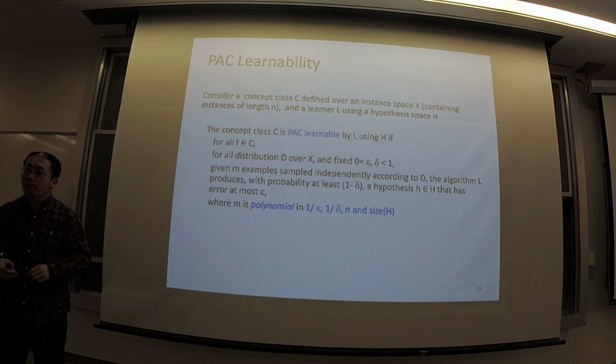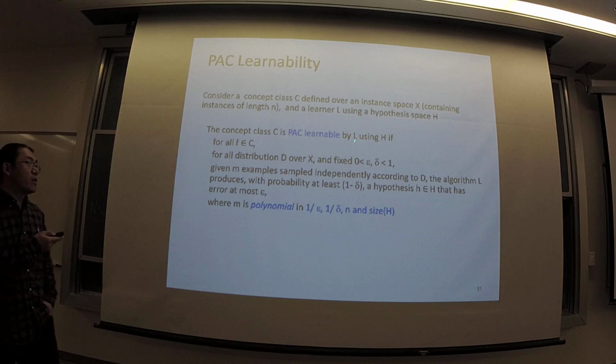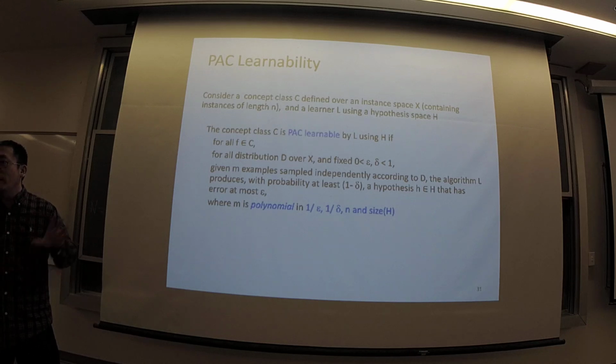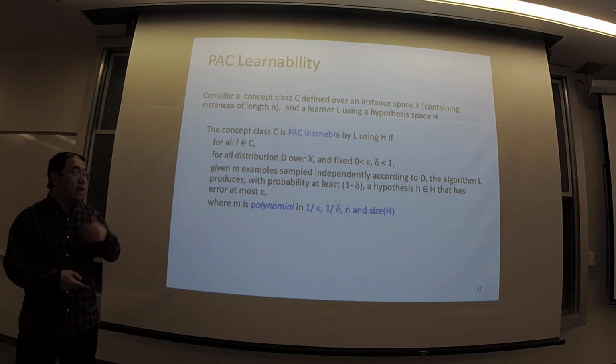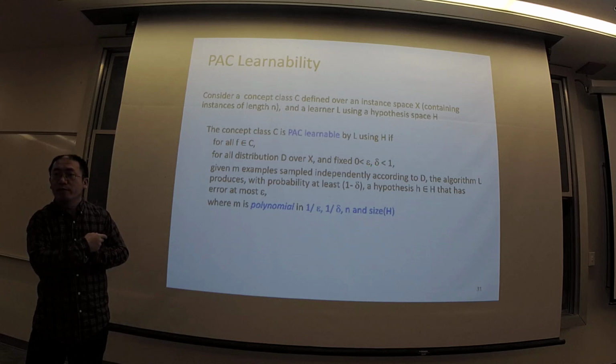So basically, if a learning algorithm L can very effectively and efficiently learn this type of target function, it doesn't need many training examples. You just use a polynomial number of examples, and it can arrive at a specific error level under a specific confidence level. Does it make sense?